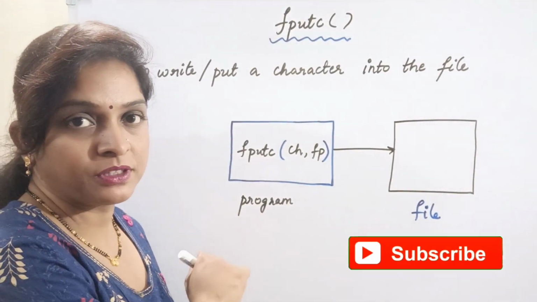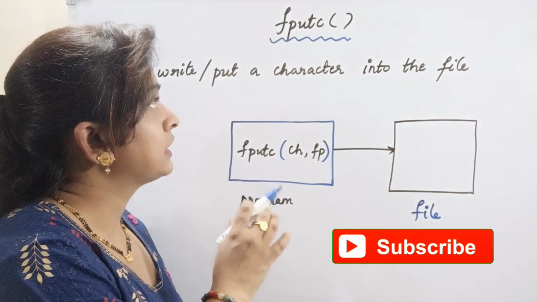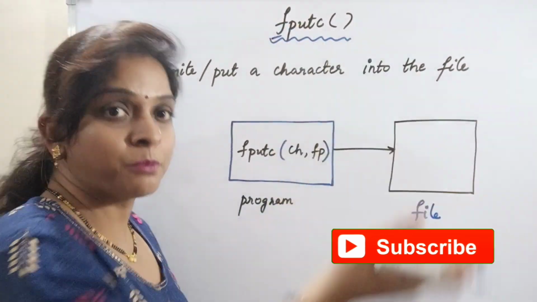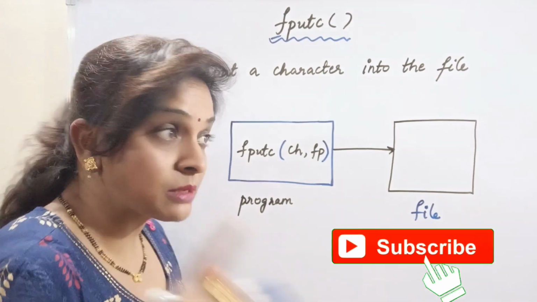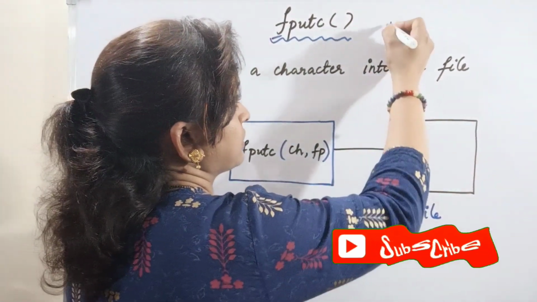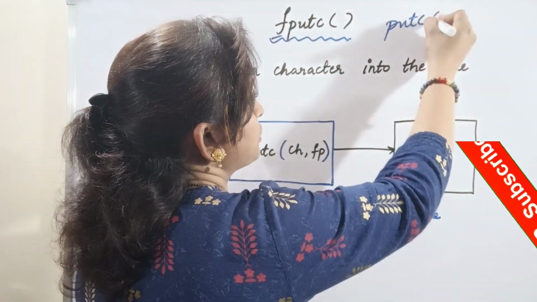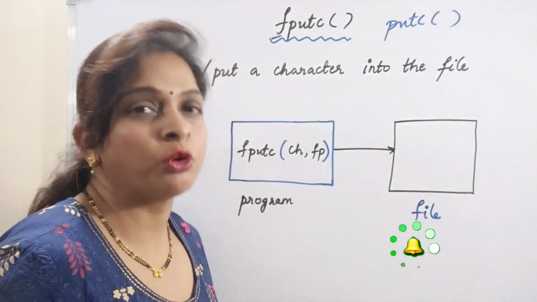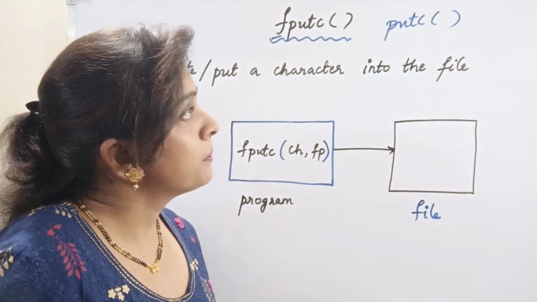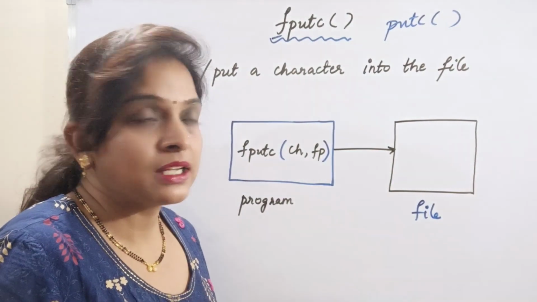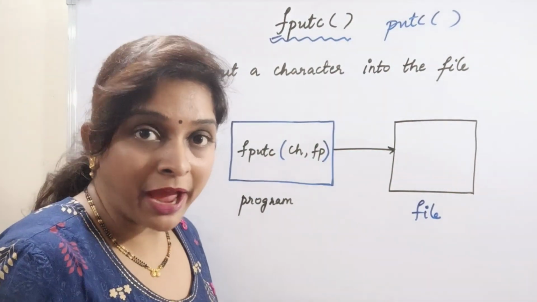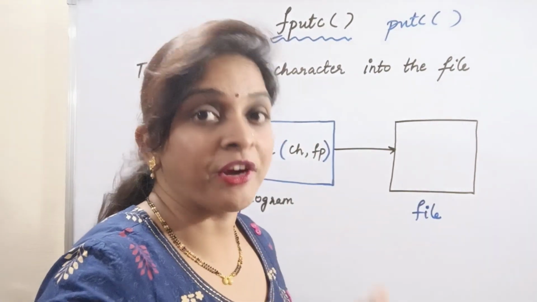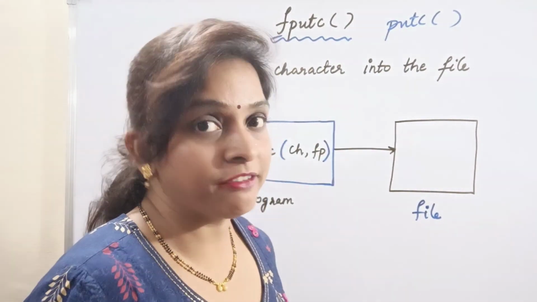fputc function. The name itself tells you. It is putting a character into the file. F stands for file, putc. Well, we have discussed putc in the previous video. The putc function and fputc are one and the same. But putc is the one which acts like a macro, and it will not move the pointers automatically in the file.